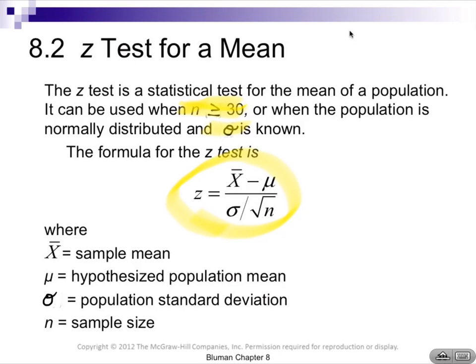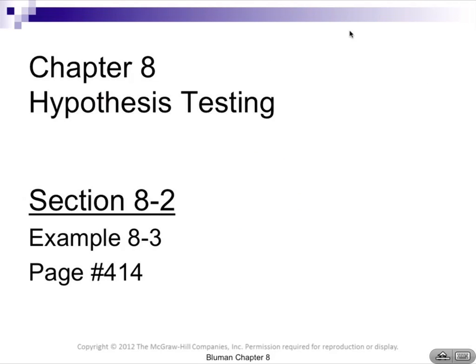You've seen this before. This is not a new formula for you. And you can see they've listed everything that's given in the problem, or you should list what's given in the problem. So let's go on and look at an example.